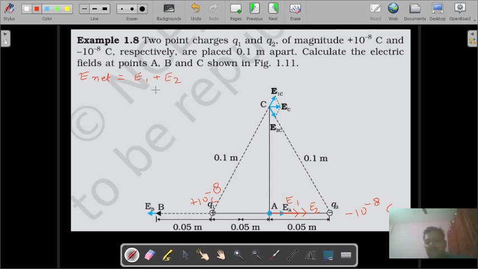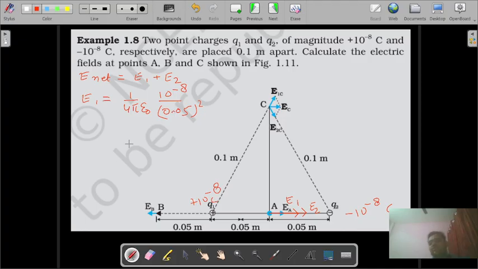The electric field E1 will be given as 1 over 4 pi epsilon times Q, that is charge 10 to the power minus 8, divided by r squared, the distance from here to here, which is 0.05. So it's 0.05 squared.